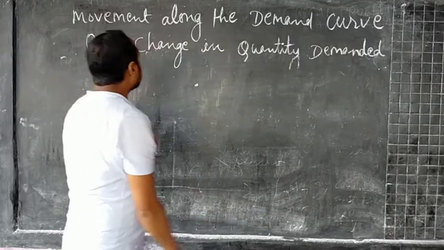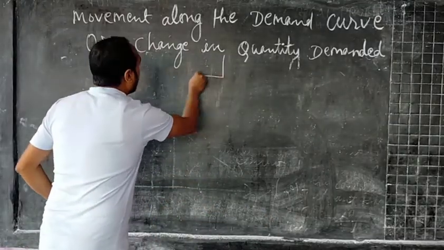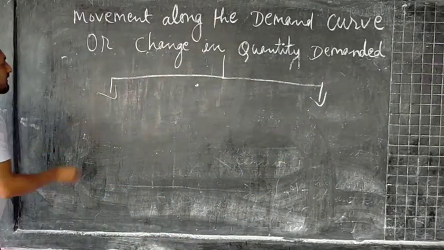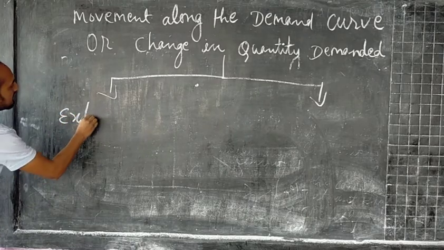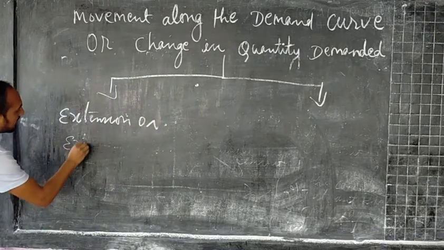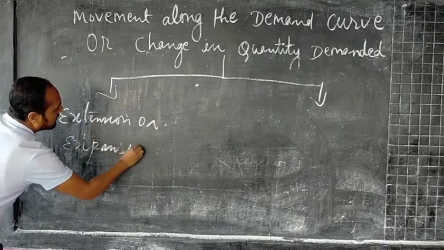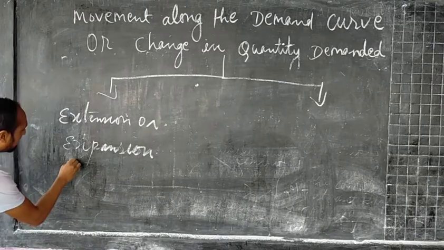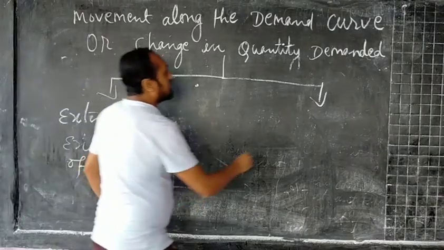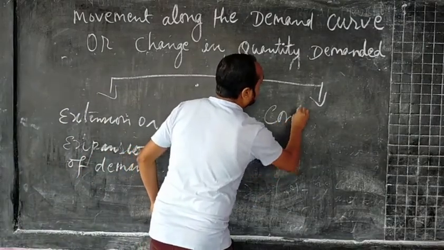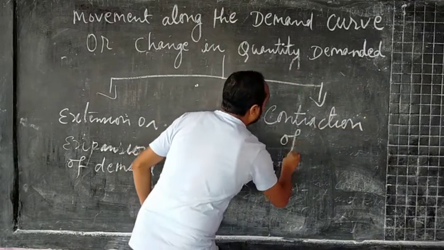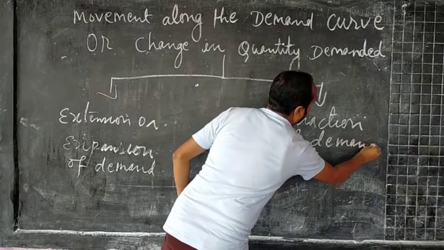Next, this change in quantity demanded can be classified into two parts. Number one, extension or expansion of demand, and the next one, contraction of demand.